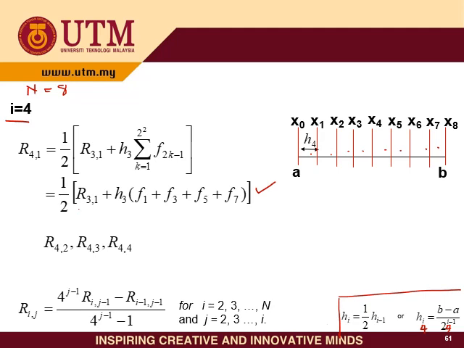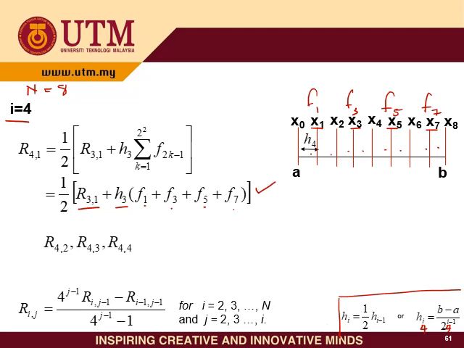You need to use the R31 you calculated in the previous slide, H3 also from the previous slide, and F1, F3, F5, and F7. So look at the X here. This is your F1, this is your F3, this is your F5, and this is your F7. Okay, you put the values of X1, X3, X5, and X7 into the equation. That will be provided to you.